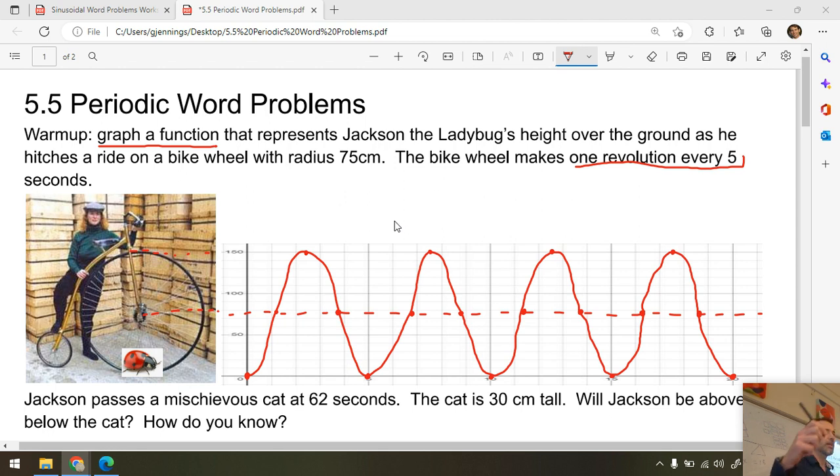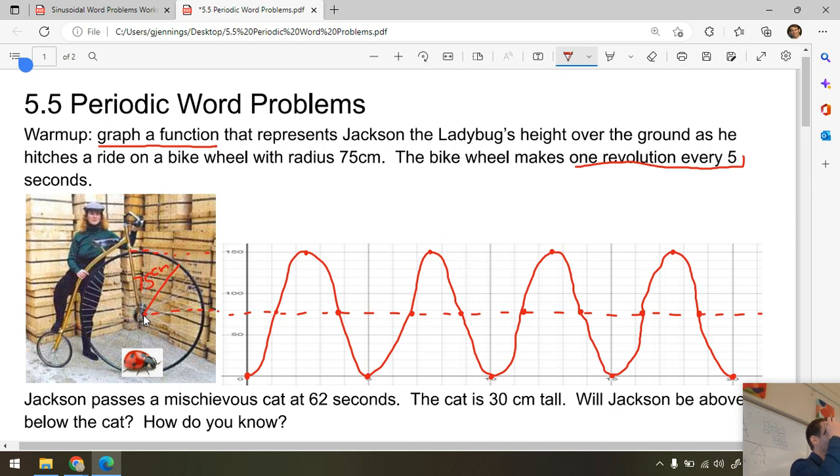Allie? Yeah. So I told you that this bike tire has a radius of 75 centimeters. It's a really big bike tire. Is that 75 going to show up in a function if we created a function somewhere?